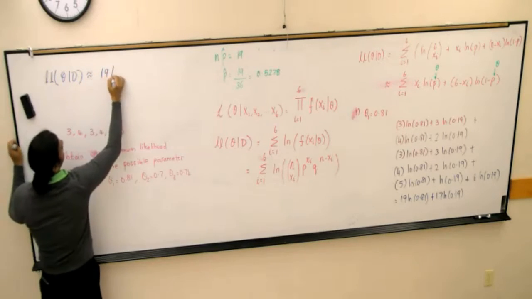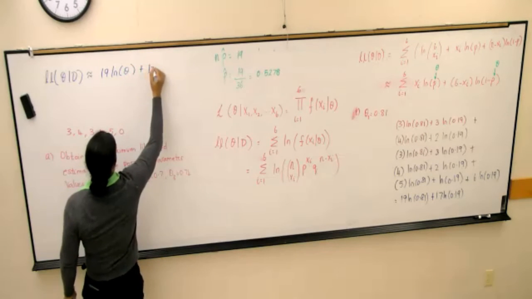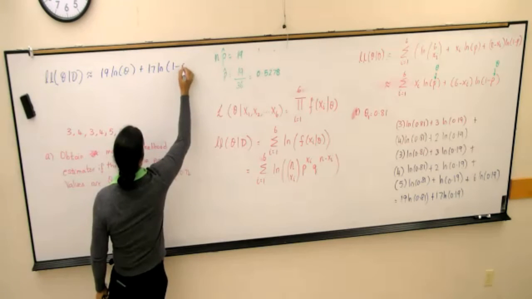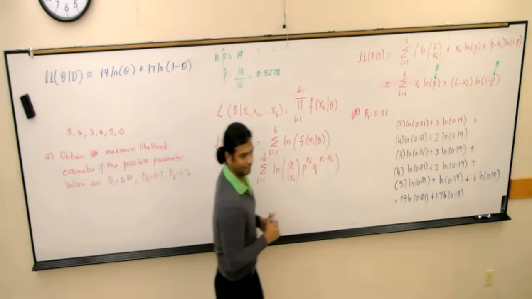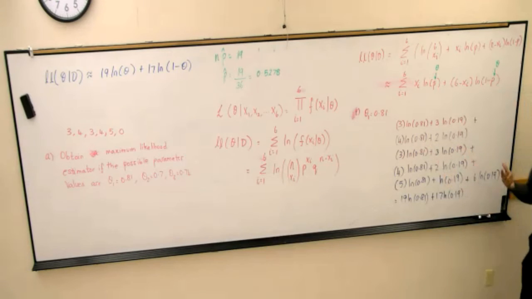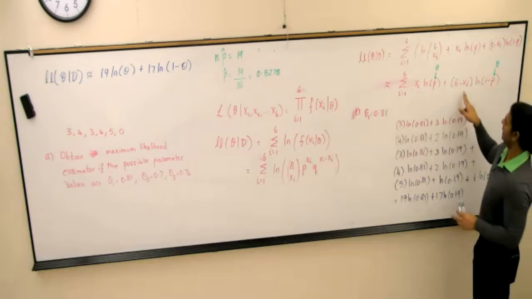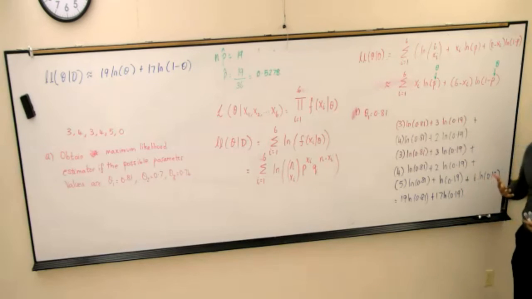Just in general, I could write the log likelihood for this case, given the data, as 19 ln of theta plus 17 ln of 1 minus theta. No matter what p I have, I'm looking at the same xi values. So the only thing that's going to change is 0.81 and 0.19. Could you extend this to any binomial distribution?